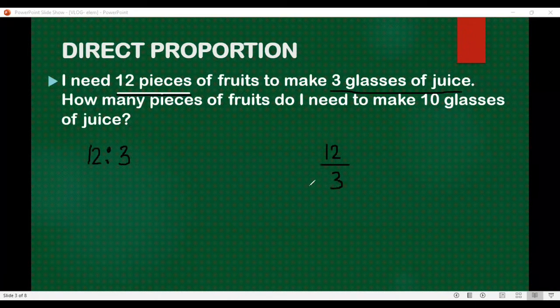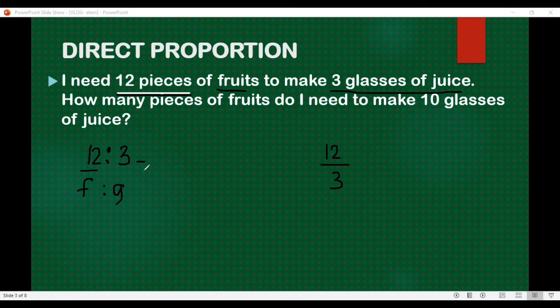So 12 over 3. And the next thing is to equate that to the number of pieces of fruits to make 10 glasses of juice. We have to remember that the first entry that we wrote here is the number of fruits. So let's have fruits is to the number of glasses.